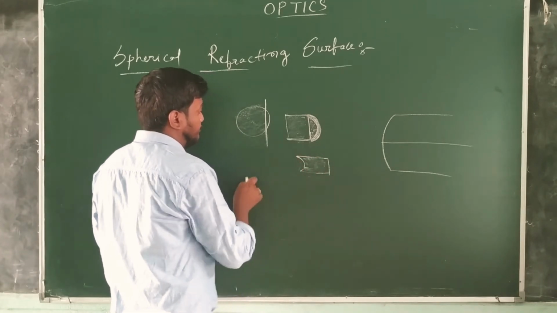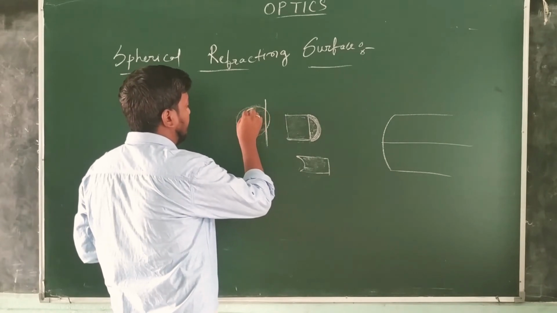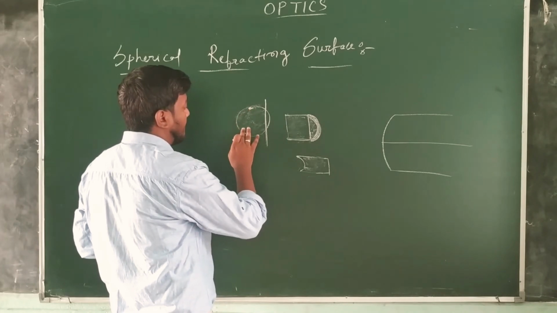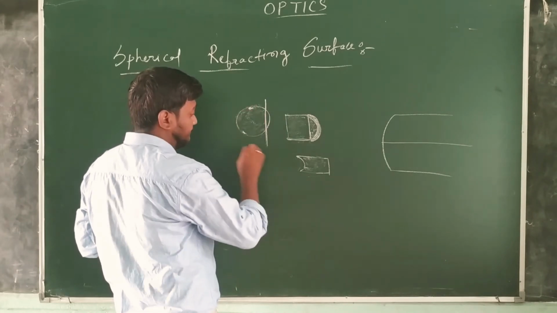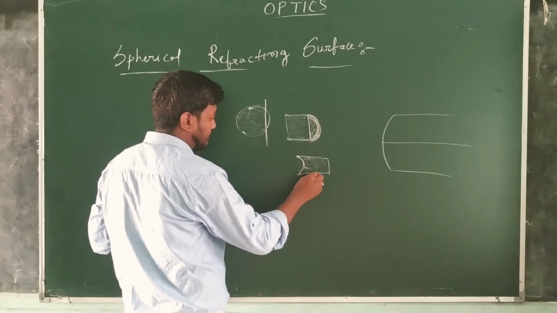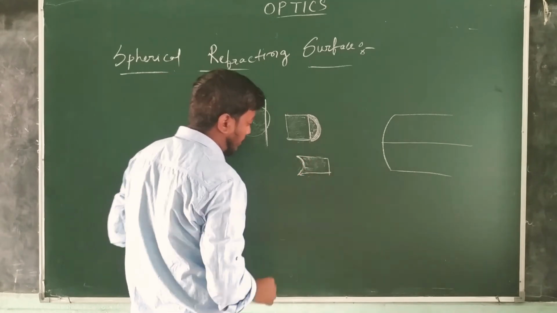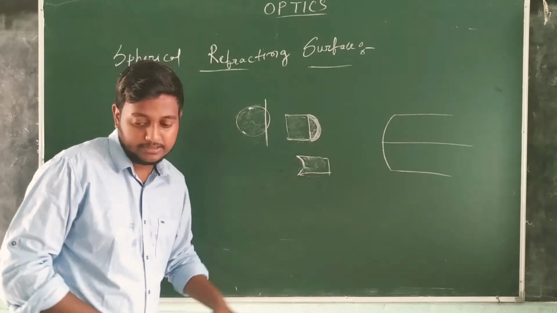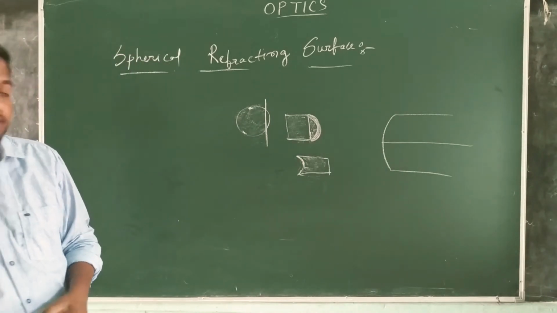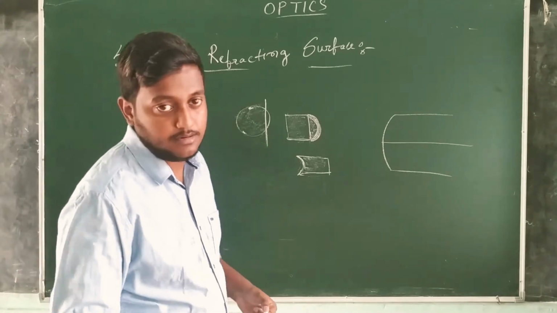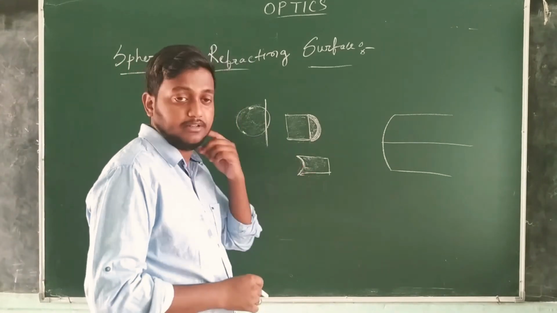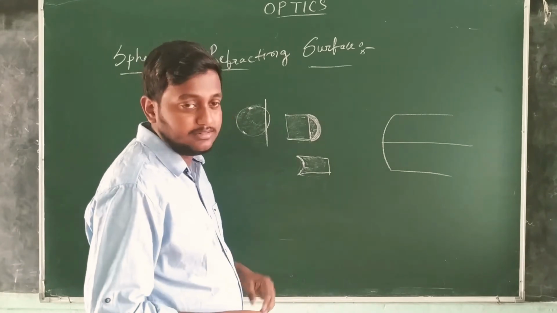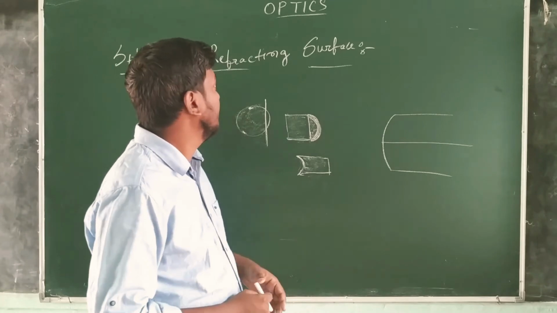Suppose we cut a slice like this way, that means like this, so remove this portion. Then this surface acts as a concave spherical surface. Now, same like the spherical mirror, there are some terms related to the spherical refracting surface also.